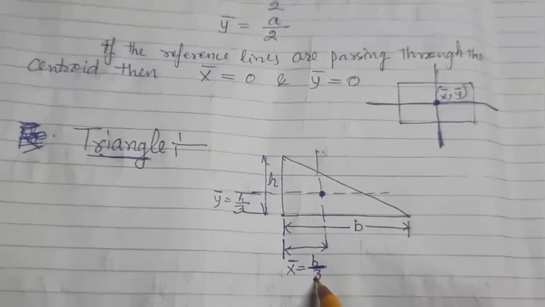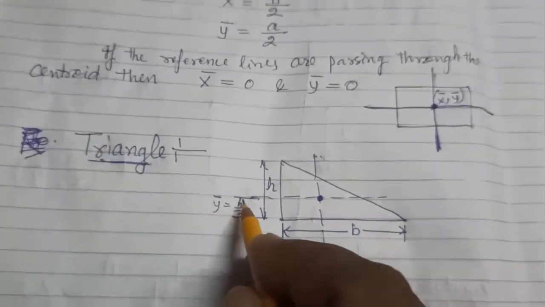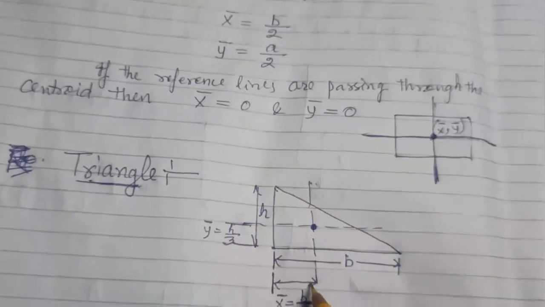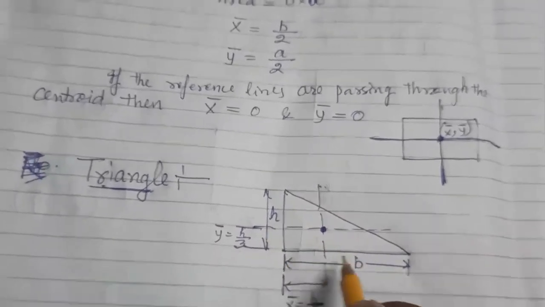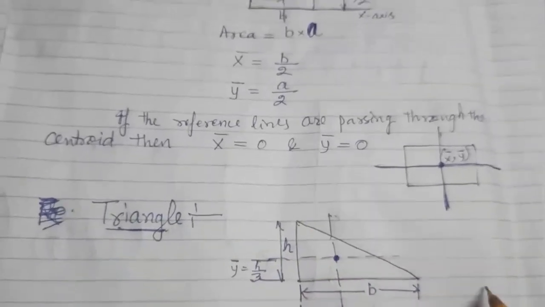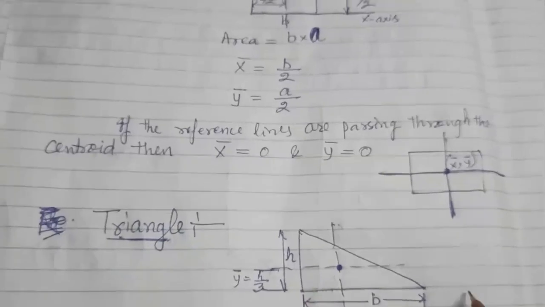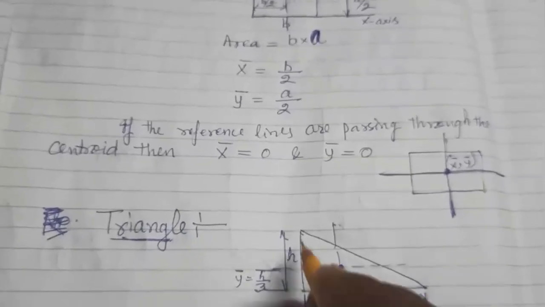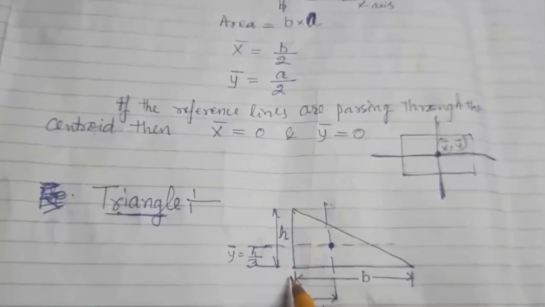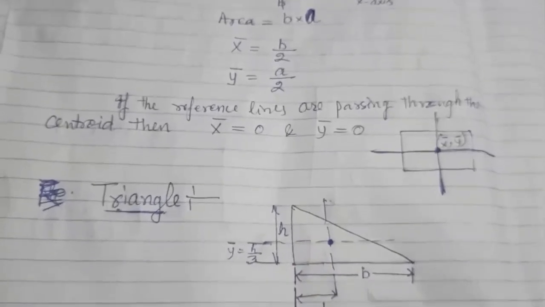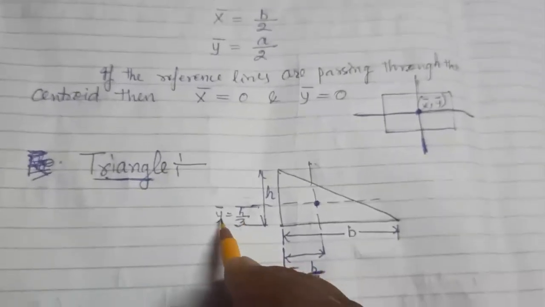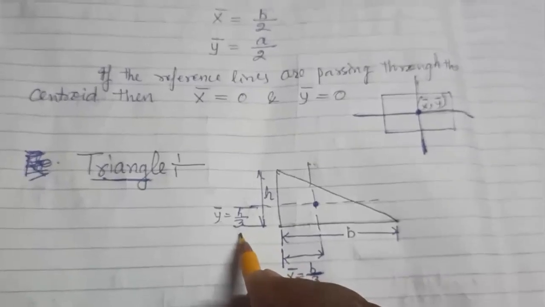So x bar is b by 3 and y bar is h by 3. These distances are from the reference lines which are making right angle to each other. So from the right angle lines, x bar is b by 3 and y bar is h by 3.